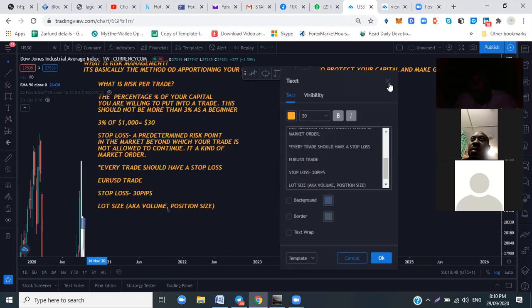So we have determined that our trade has a risk of 3%, which is $30. Then we have determined that our stop loss is 30 pips.